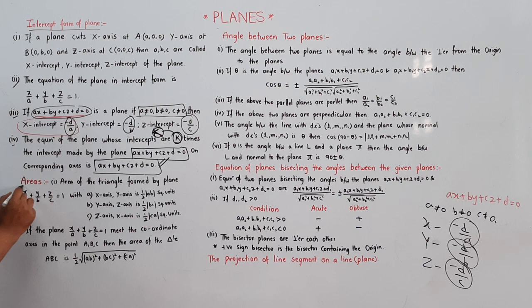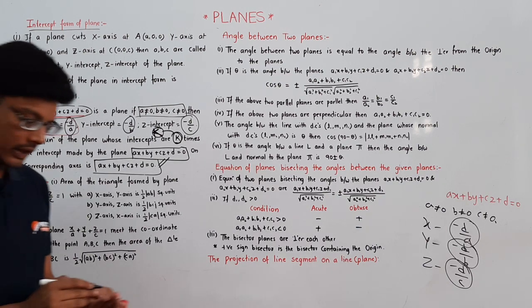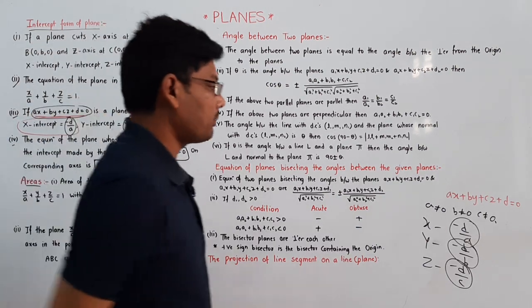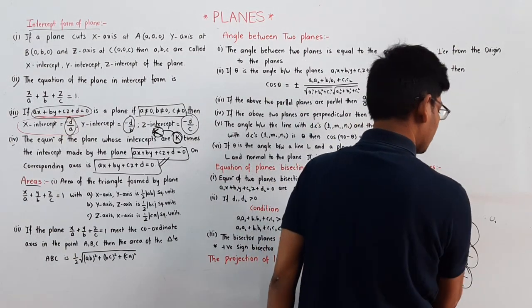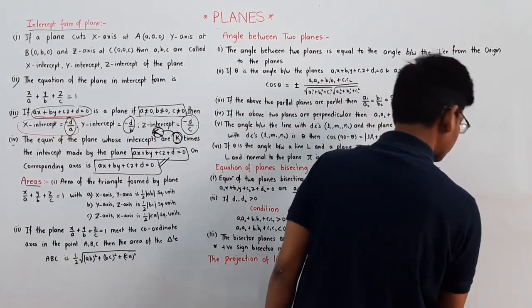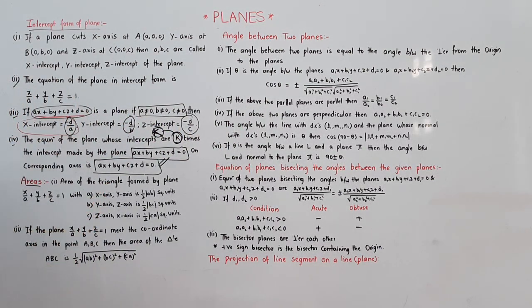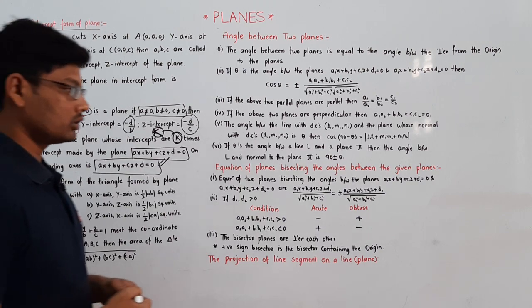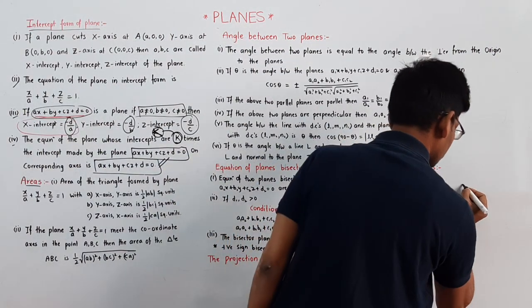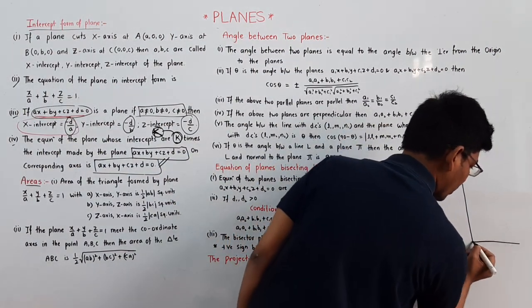The next topic is areas framed by planes. Here is the area of the triangle formed by a plane in intercept form. So let us take the 3D coordinate system.